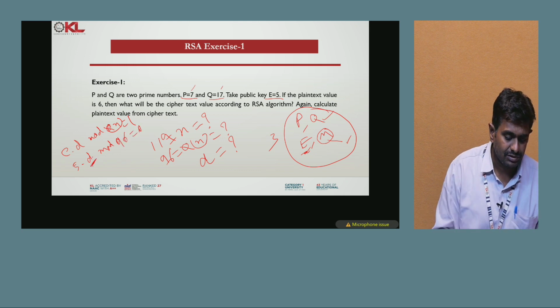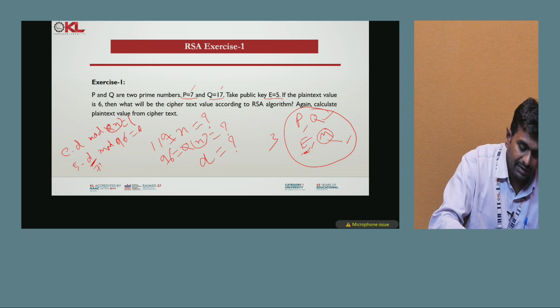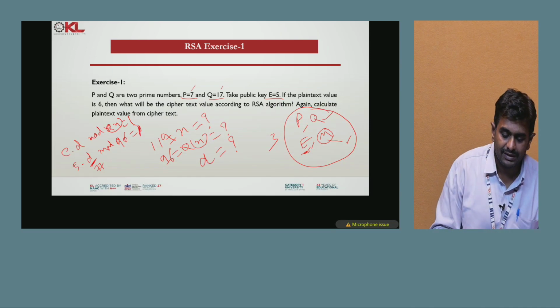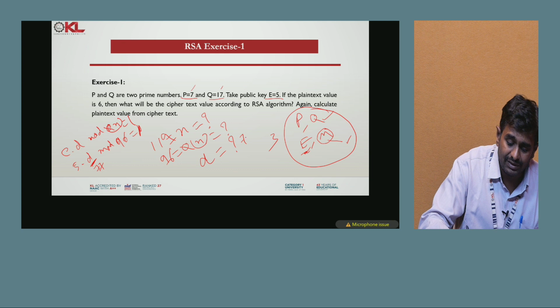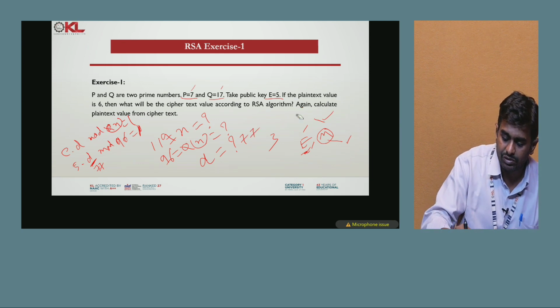Now calculate this d value. If we put 77 into 5 mod 96, it should be 1, so d value equal to 77.